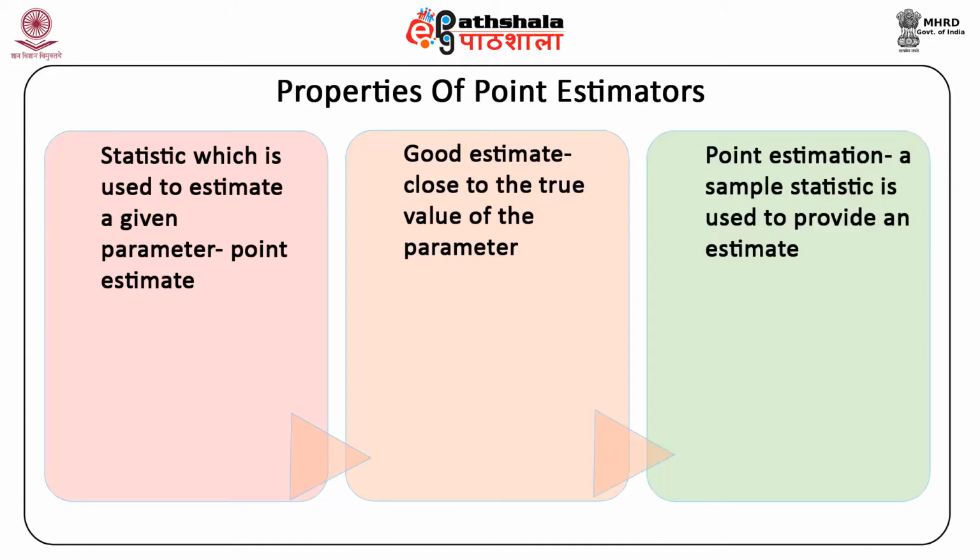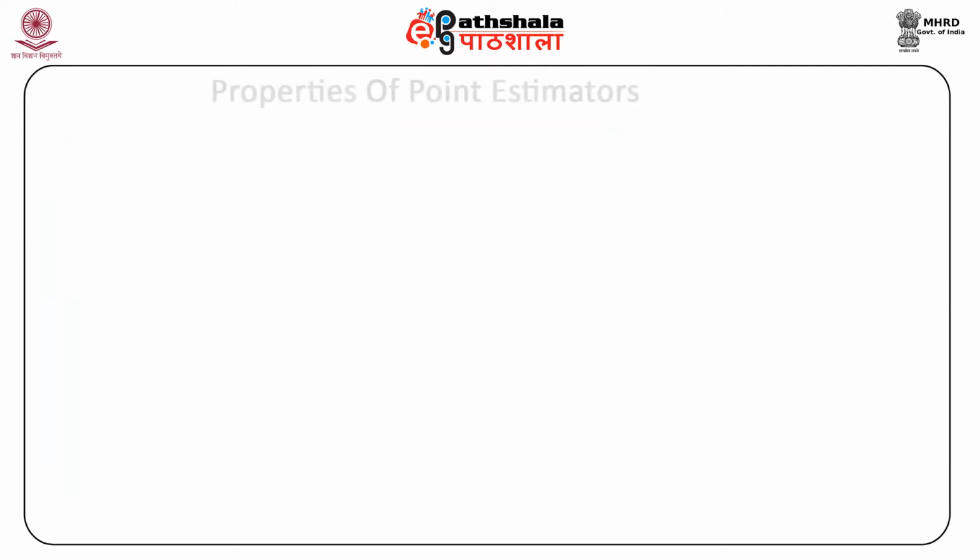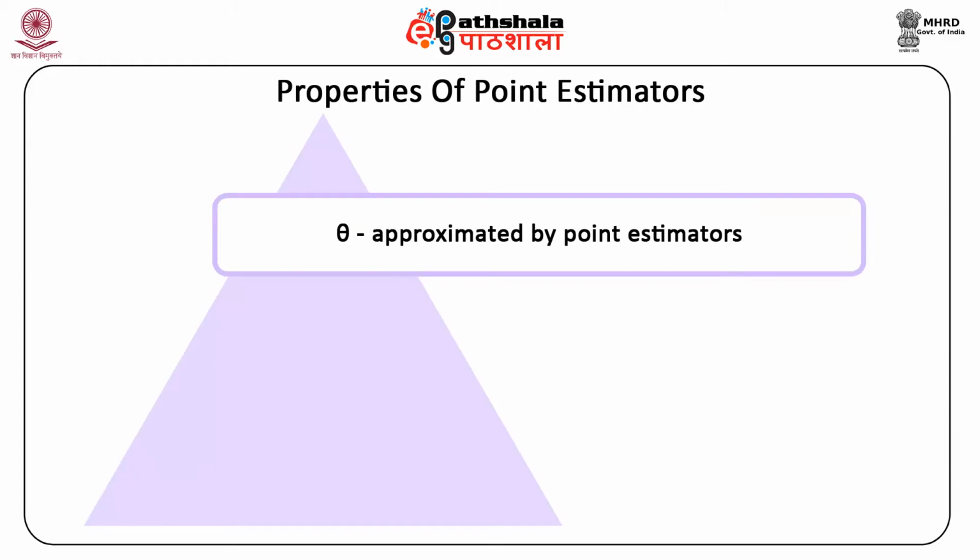In point estimation, a sample statistic, a numerical value, is used to provide an estimate of the population parameter. A single population parameter of interest, that is theta, can be approximated by more than one reasonable, sensible, or plausible point estimator.